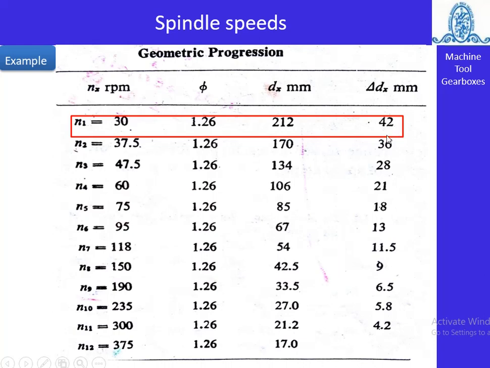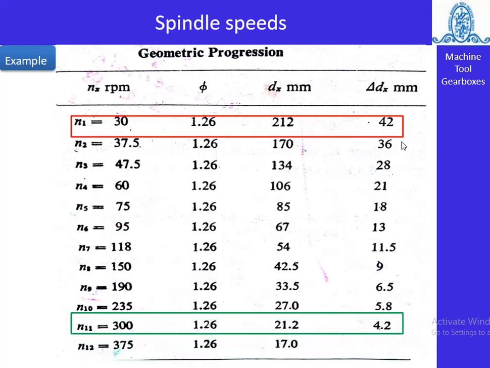So here we observe that at lower spindle speed, the delta dx is comparatively not as wide as in arithmetic progression. Still it is wide, but not as wide as in the previous case, arithmetic progression. And at higher spindle speed steps, the delta dx, or diameter range, is redundant, or comparatively the same: 6.5, 5.8, again it is 6, and 4.2, again it is 4.